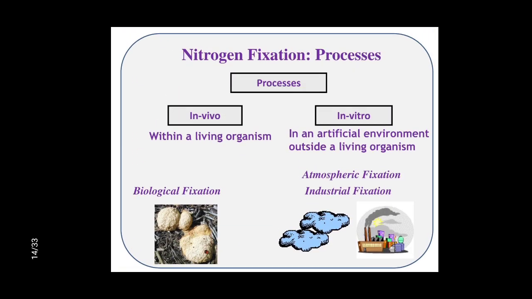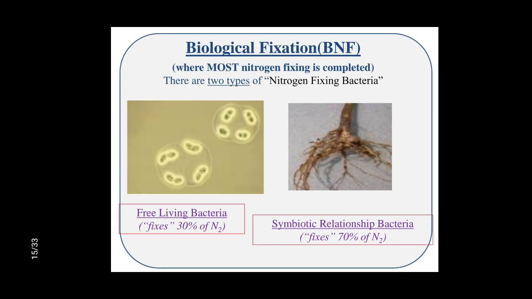Now, nitrogen fixation processes are also split into in vivo and in vitro. In vivo processes are within a living organism, and in vitro processes are involved in an artificial environment outside the living organism, as we can say production of nitrogen fixing as urea.